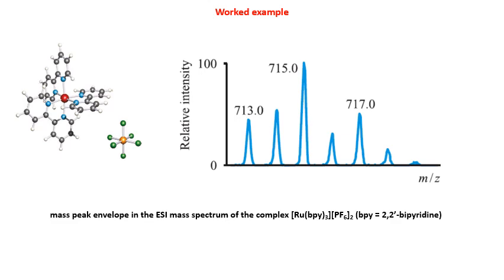The mass envelope, the isotopic pattern, is quite interesting to note, how it gets formed. The pattern of this peak is largely controlled by the fact that ruthenium possesses 7 naturally occurring isotopes.